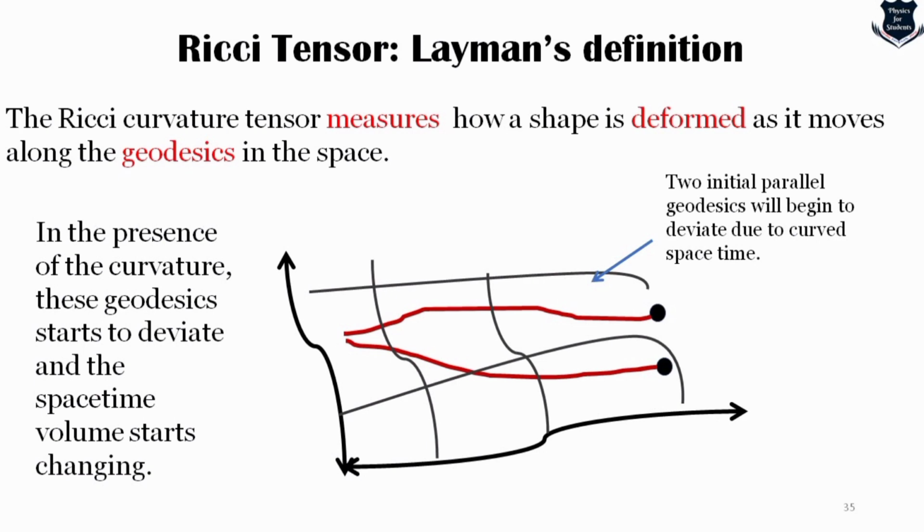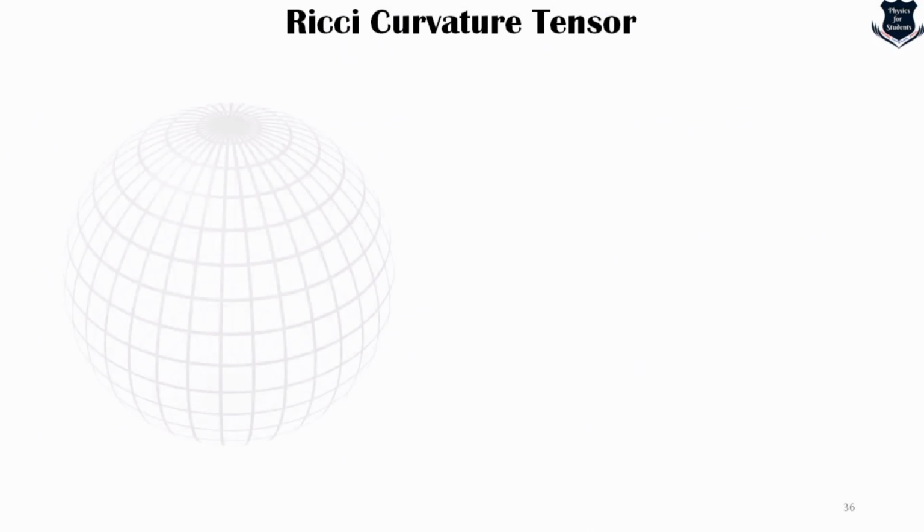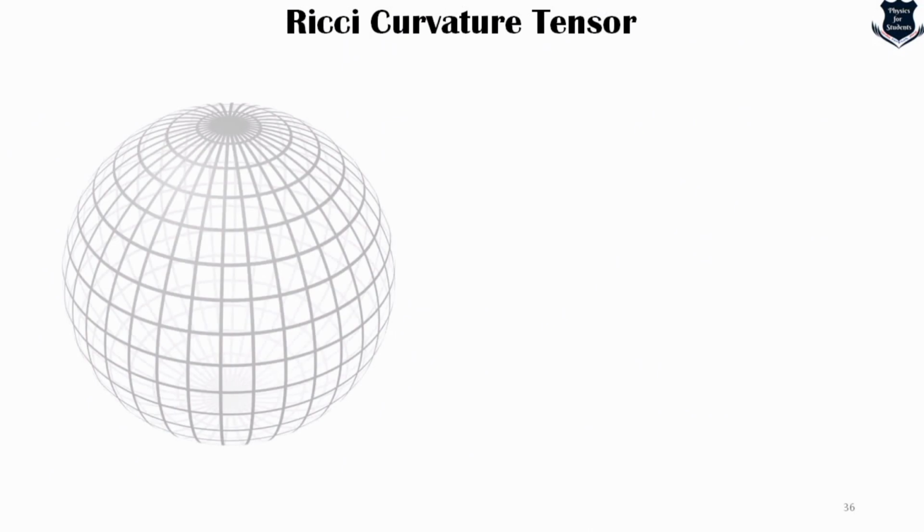So in GR, the Ricci tensor represents volume changes due to gravitational tides, which we can cover a bit later. Right now, it measures how a shape is deformed. We can take this kind of a sphere, and you can see this line going, so the purple, brown and green lines eventually join somewhere.